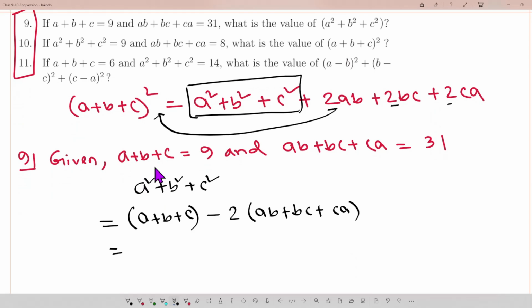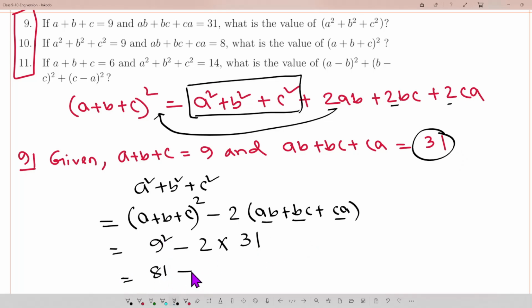And here a plus b plus c means 9, so 9 square minus 2 times (ab plus bc plus ca), which is 31. So finally we get 9 square, which is 81, minus 2 times 31, which is 62.